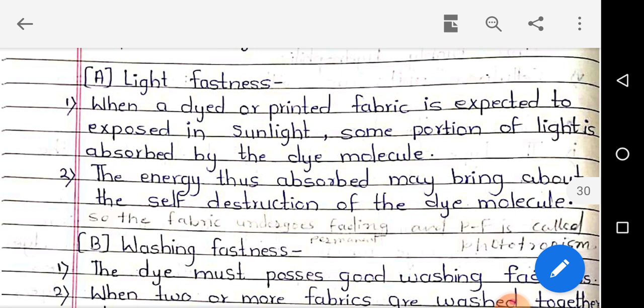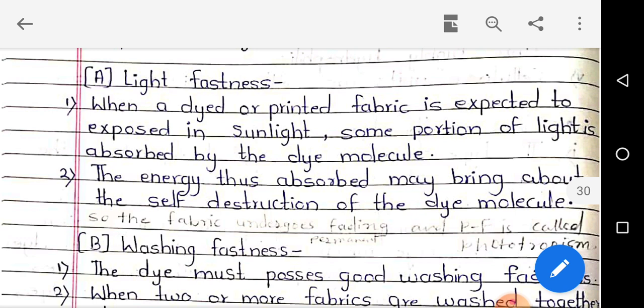As we bring a new chair having sharp colors, after 2 years or 3 years, and if it is exposed to the light directly, then after 1 month the shade of the color is lower and a faint color is there. Means there is self-destruction of the dyes.